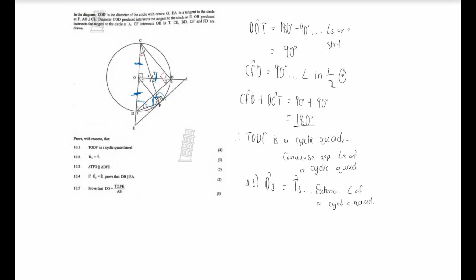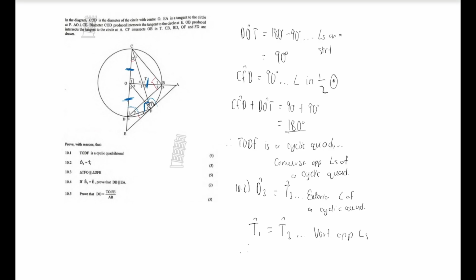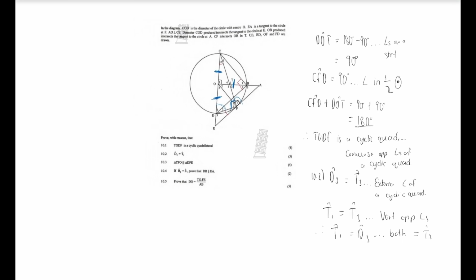And then you know that T1 equals angle T3. Why? Because of vertical opposite angles. And therefore angle T1 equals angle D3. Why? Because they are both equal to angle T3. So now we have just proven that one, and this was 10.1.